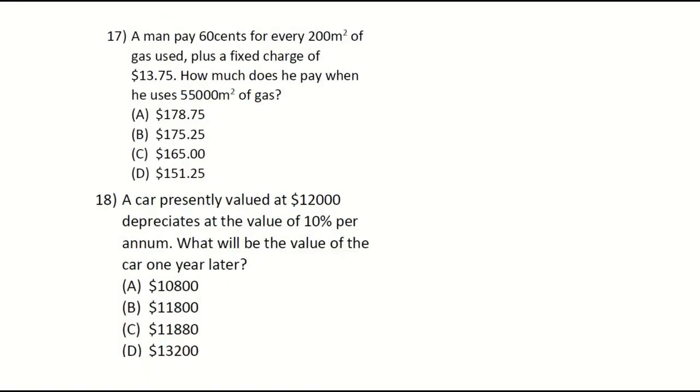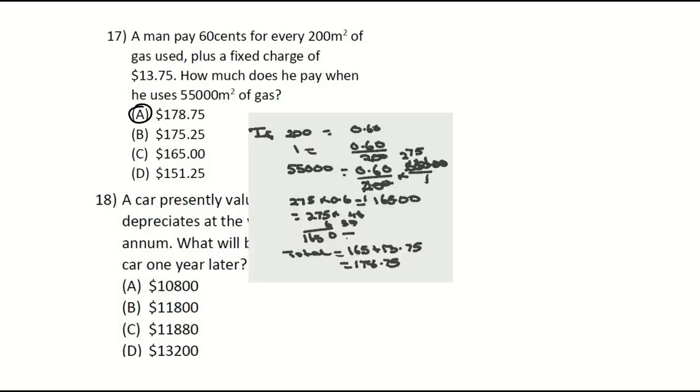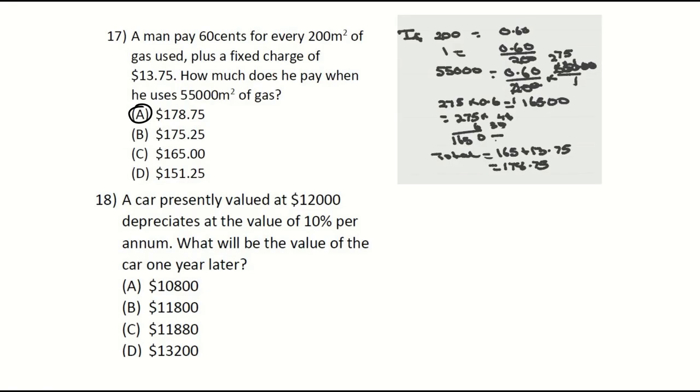Number 17, we just now did this question. The answer is A. The amount that he paid for 55,000 was $165. So 165 plus the fixed amount would give you $178.75. This would be your working for it. We just now did this question.